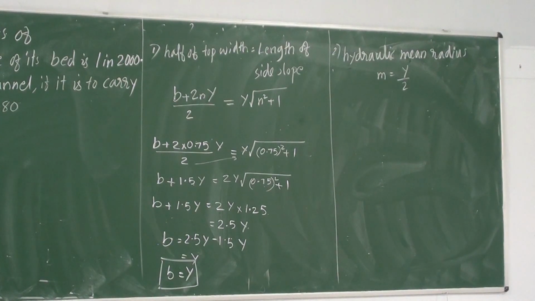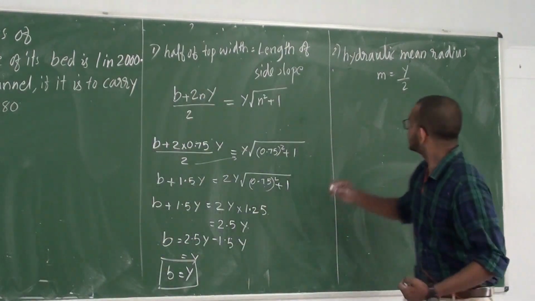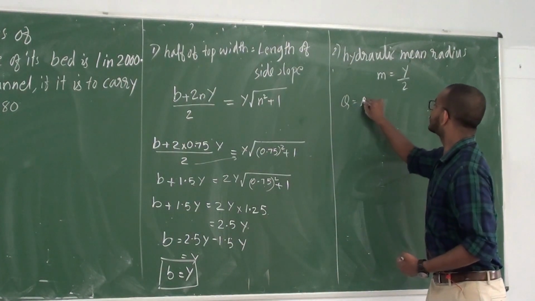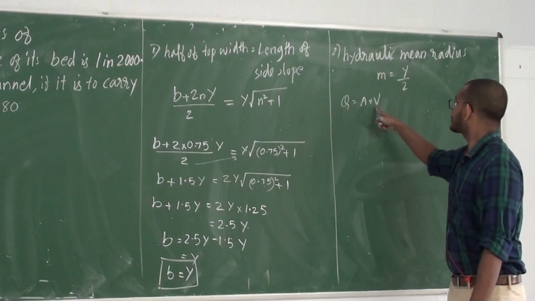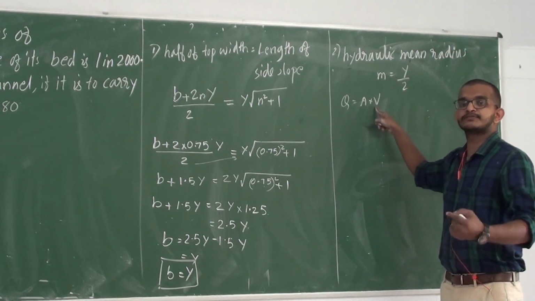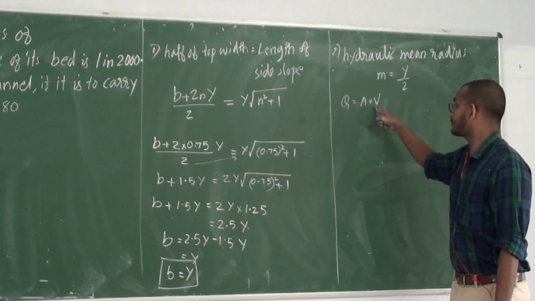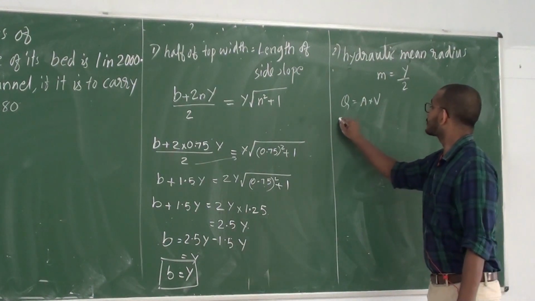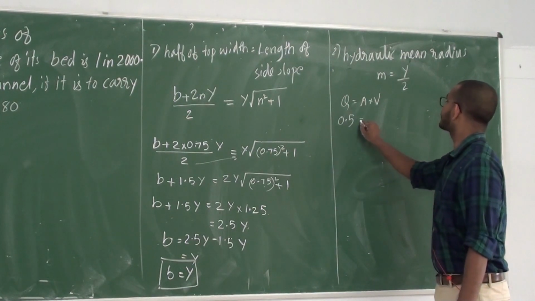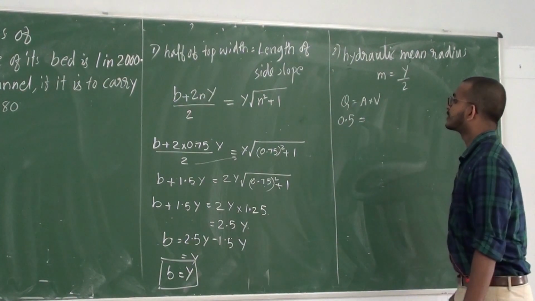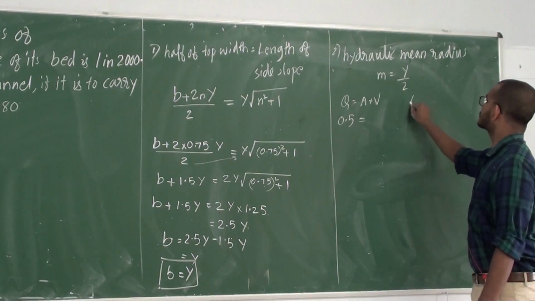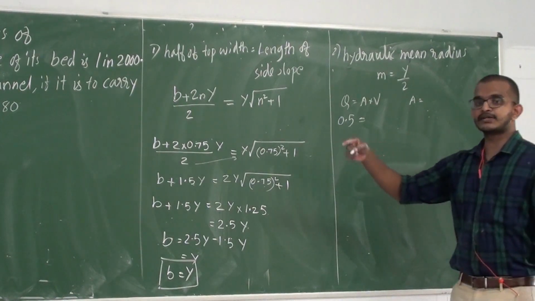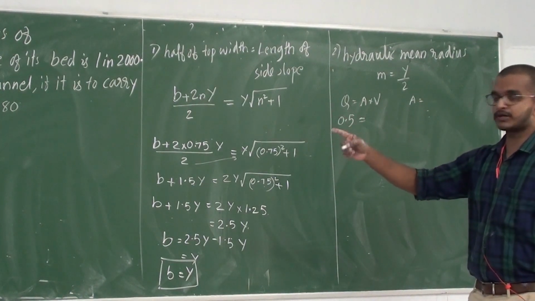Now the discharge is given, Q is equal to 0.5 meter cube per second. The discharge is nothing but the area into velocity. Here the Chezy's constant is given, so we have to use Chezy's equation for finding the velocity. If Manning's coefficient is given, then we have to go for Manning's equation. Please note that. We know that the area A is equal to top width plus bottom width by 2 into the height y.